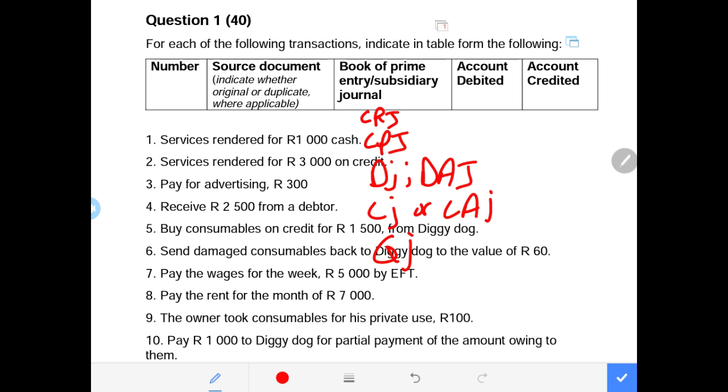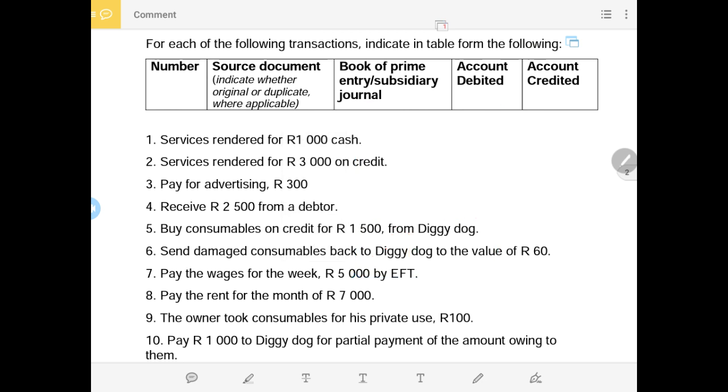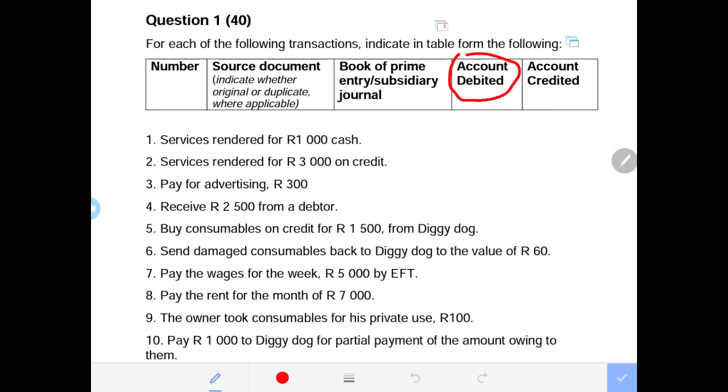So this is the list that will be recorded under the book of prime entry. It's likely to be one of them. The next one is the account debited, and the last one is the account credited.